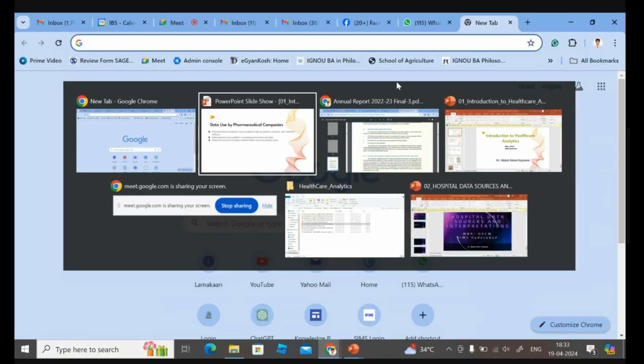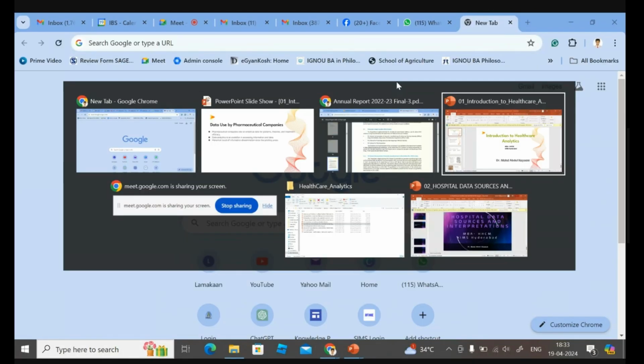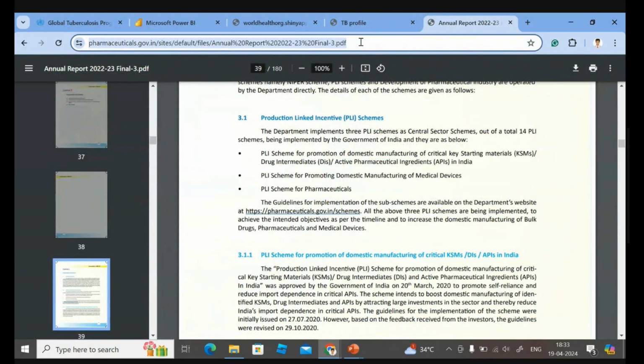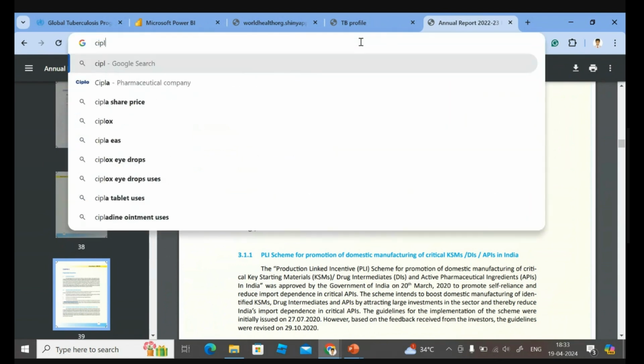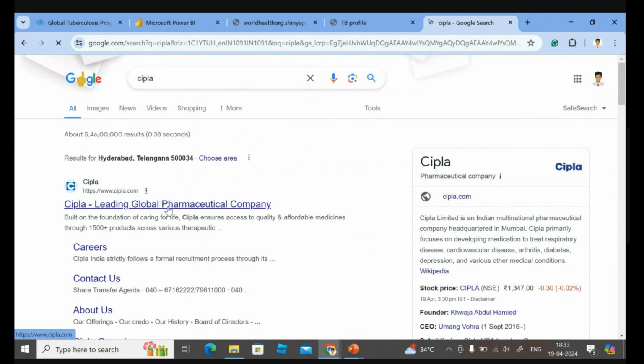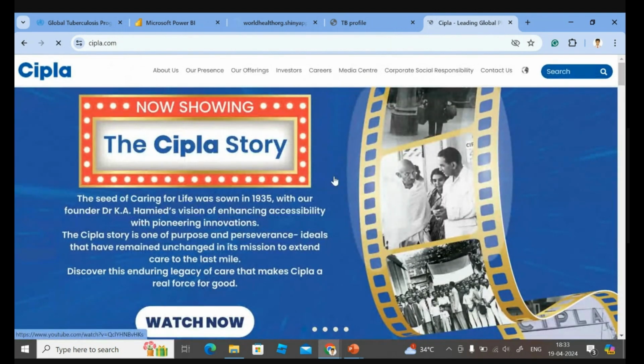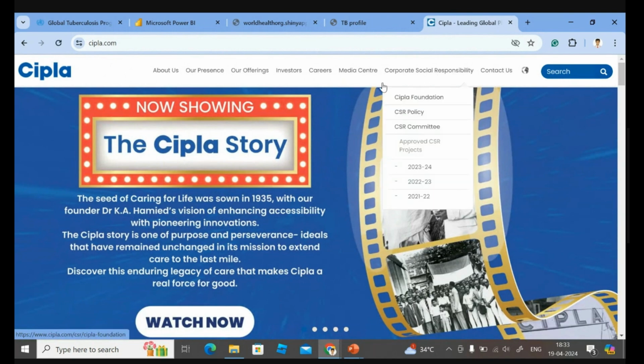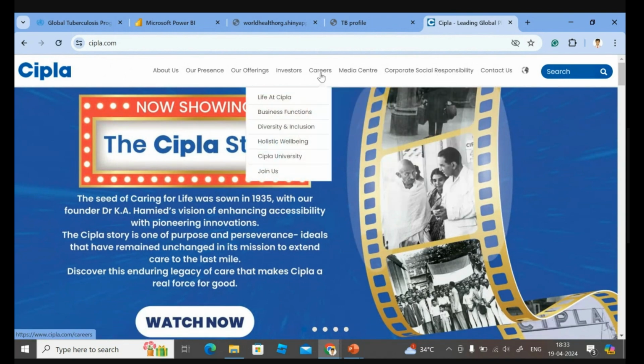Let me see, where is this? Okay, annual report. Yes, there you are. So I'm going to go to Cipla, right? Cipla Pharmaceutical Company, a leading global pharmaceutical company, is an Indian multinational corporation. And you will get that.